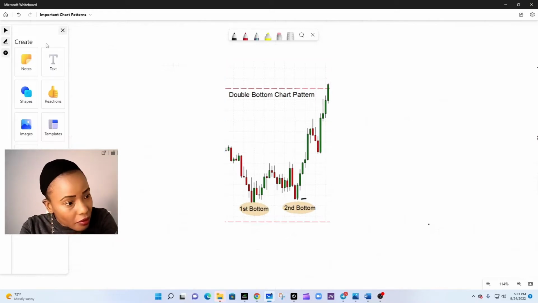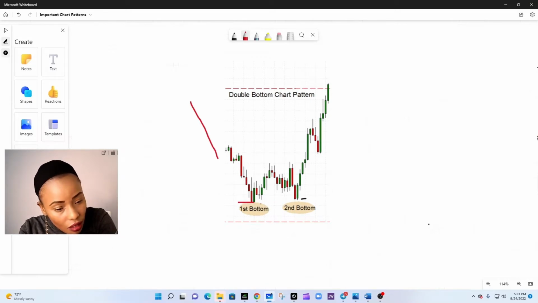Here, the market was coming from a high price point, pushing lower and lower and lower until it reached the lowest price point during that market session. What happened? Price hit that low and bounced off in a reactive manner and formed a neckline, and then price tried to hit that level again and was unable to break through that price point.